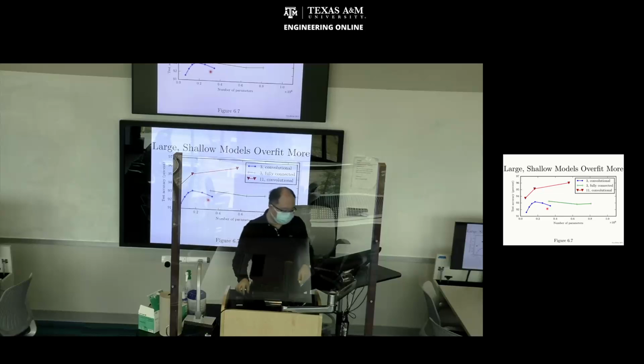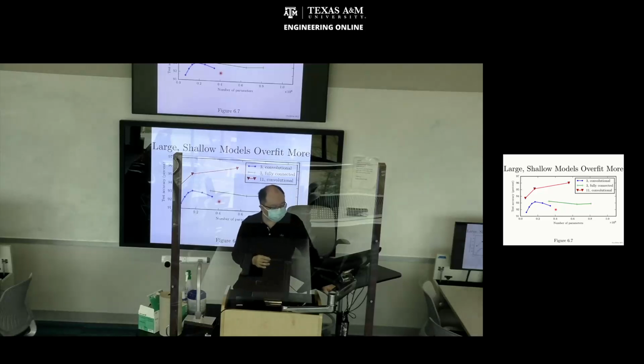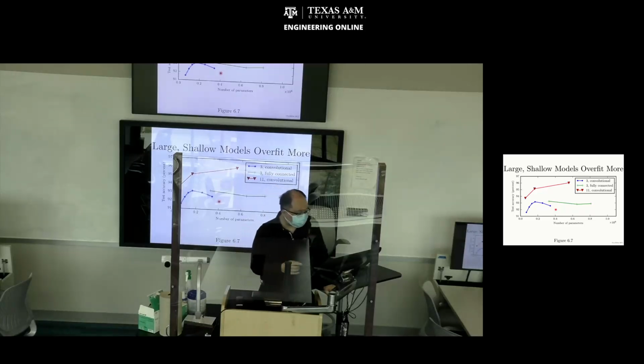So here you see that apparently, the shallow convolutional neural networks compared to the deep convolutional neural networks, you see their performance difference. And the large shallow models tend to overfit, right?